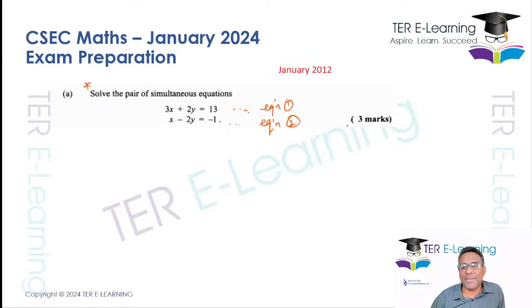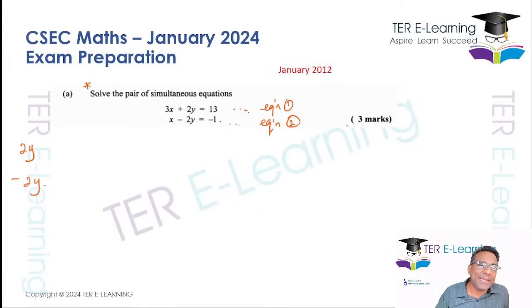Right, so I'm happy that I'm seeing a lot of people telling me that we should add, right? Because the most common mistake here that students make in a question like this, they think that we have to subtract, right? Now, guys, once you have, I want to eliminate y, in the first equation, you have a 2y, and in the second equation, you have a minus 2y.